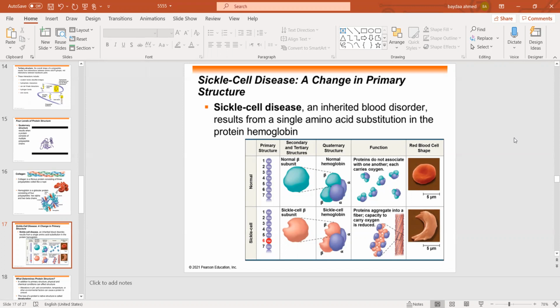Normal red blood cells are disc-shaped, but in sickle cell disease, the abnormal hemoglobin molecules tend to aggregate into chains, deforming some of the cells into a sickle shape. So a person with the disease has periodic sickle cell crises when the sickle cells clog tiny blood vessels, impeding blood flow.